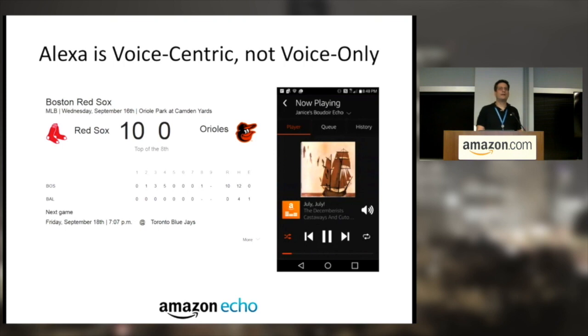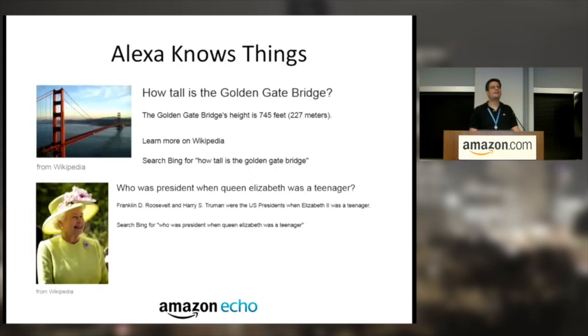Alexa is voice-centric, but it's not voice only. There are some applications that have a web interface, either the mobile application, the Echo Show, or the Echo Spot. I will go quickly. Alexa knows a lot of things. You can ask a simple question like, how tall is the Golden Gate Bridge?